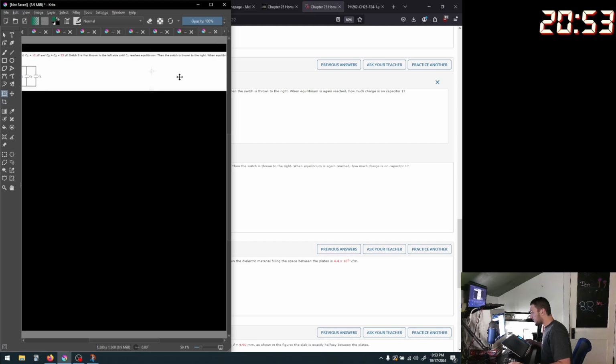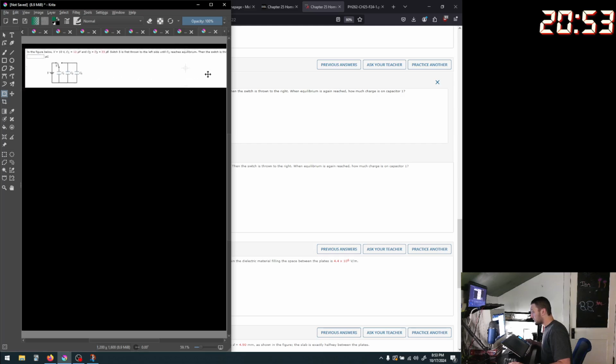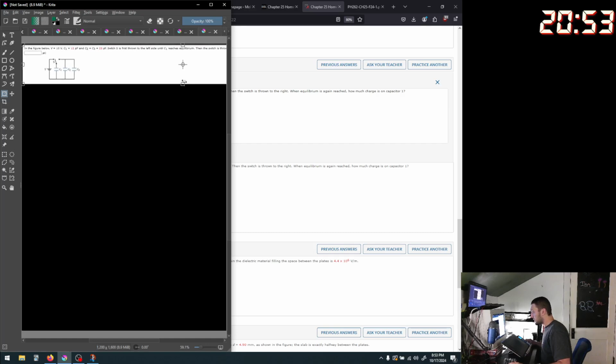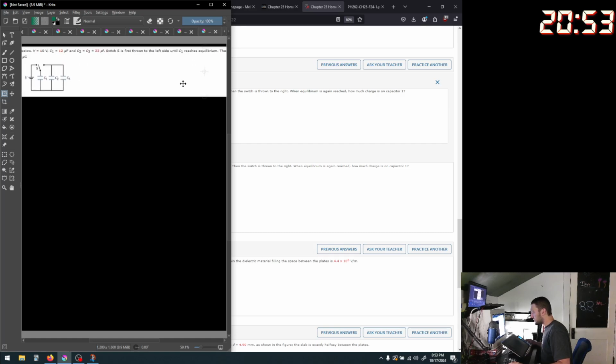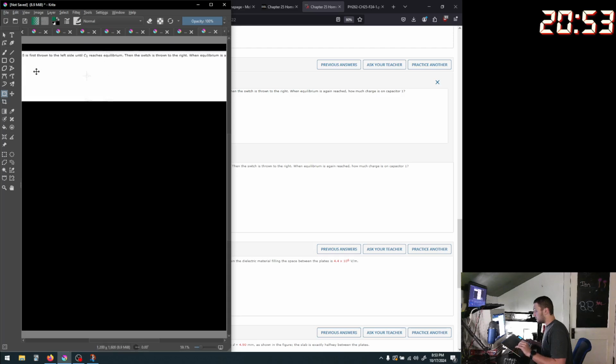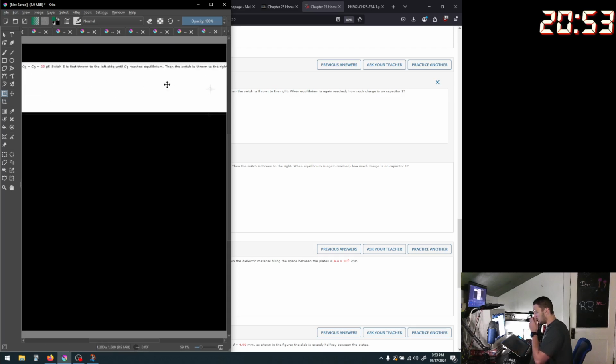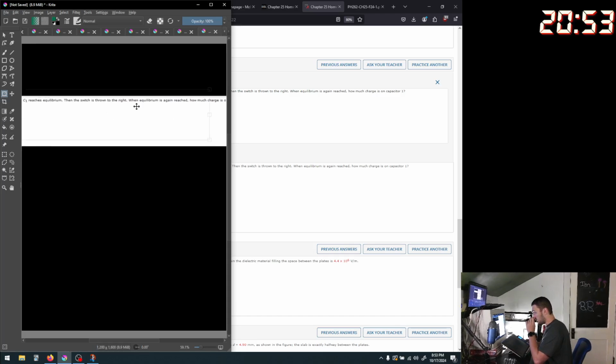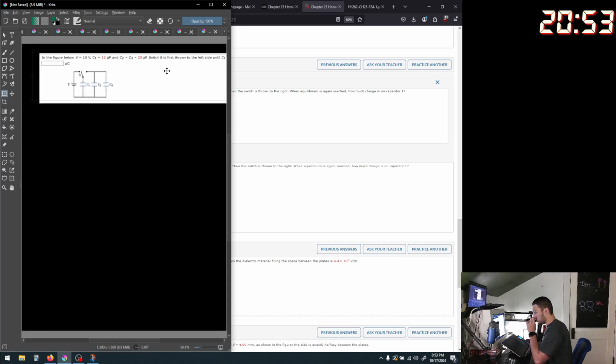And there's no information on that side really. This is the side with all the real stuff we need. We're trying to find the capacitance. How much charge is left on capacitor 1?